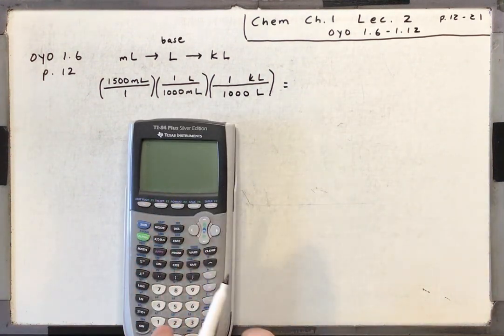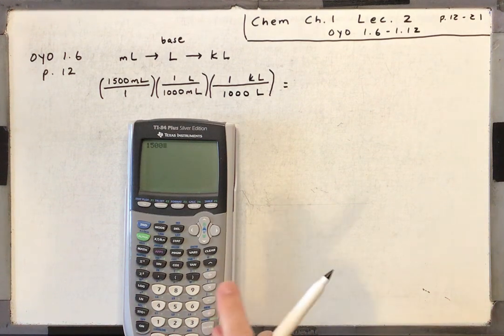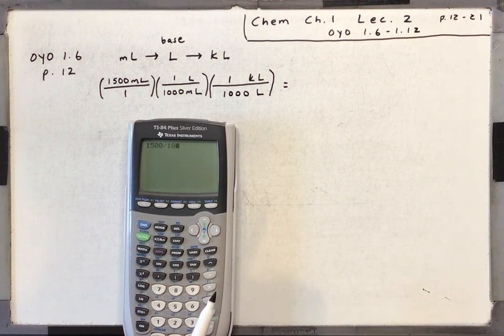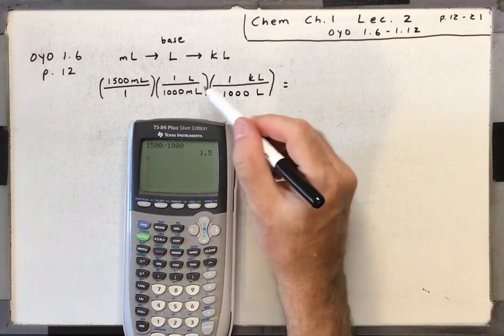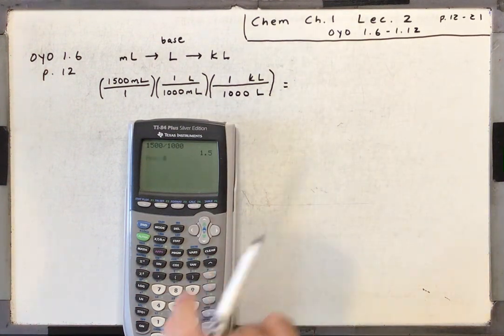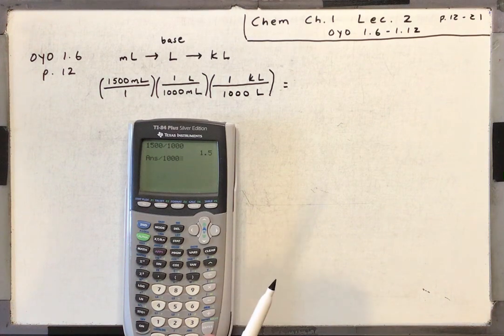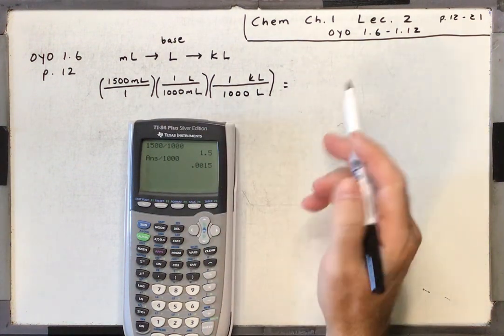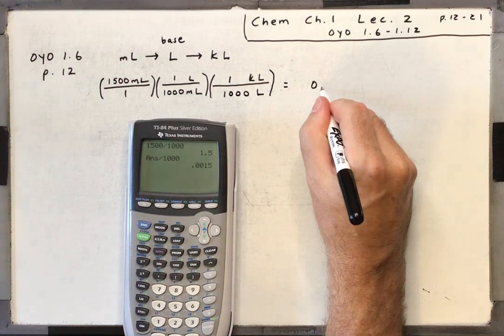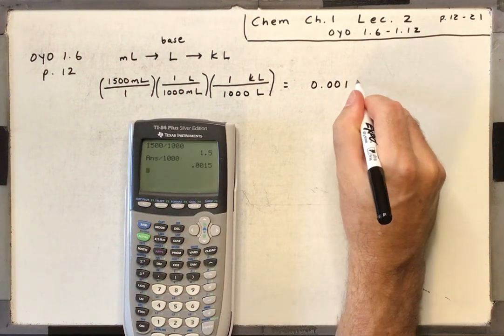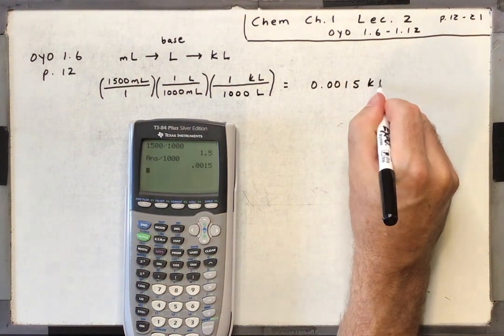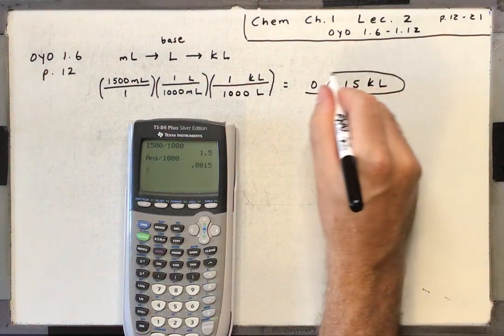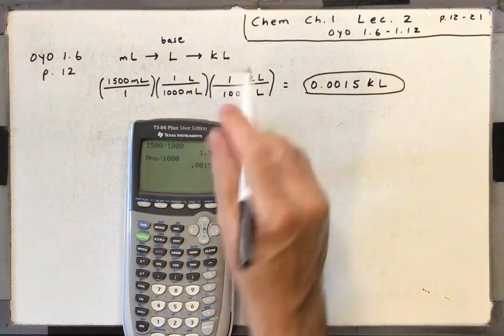Okay, so the way I would do it, start out with 1,500, divide that by 1,000, and it's usually safest to then just go ahead and hit enter. And then again, divide that by 1,000. Hit enter every parenthesis, and you'll get 0.0015 kiloliters. So we're in the unit that we ended up with on top.